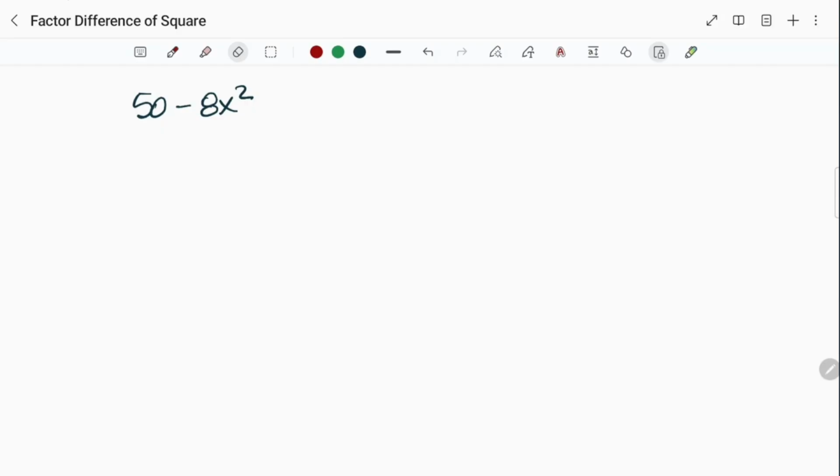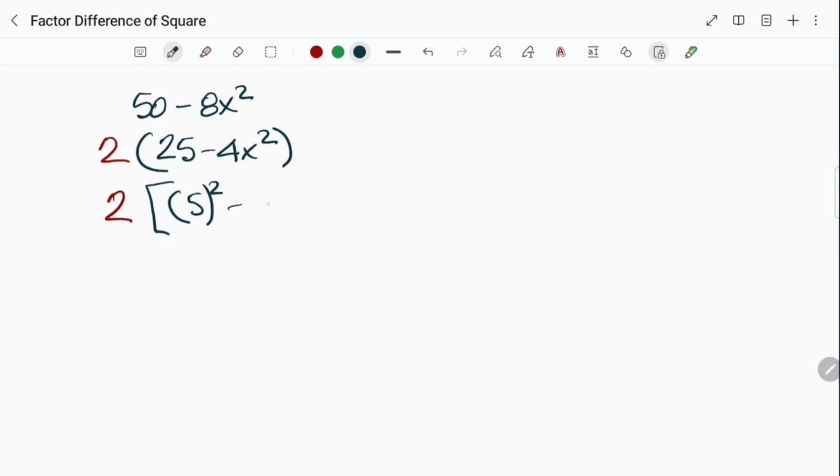In this case, you can factor out 2, and then you get the following expression. 2 as a common factor of 25 minus 4x to the square. And clearly, the expression inside the parentheses we can represent by the square of factors, like this. Then we have 2, and then bracket, in that case, 5 to the square minus 2x to the square.